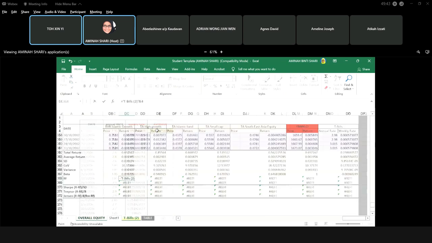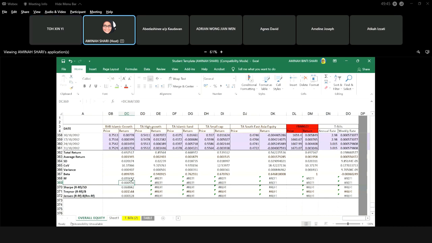Okay, you akan dapat value kan, nampak tak? Tadi tak ada kan? Once you dah masukkan risk free value, dia akan bagi you value Sharpe, value Treynor and Jensen. Okay, and then you just track lah, tak payah buat apa-apa lagi dah. You terus track, nanti dia akan bagi value lah.